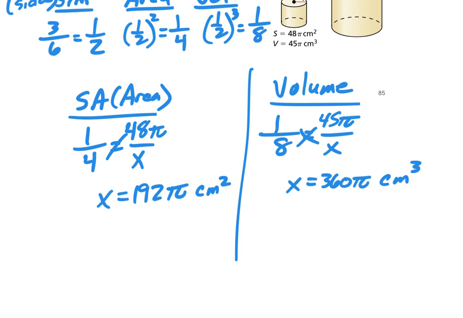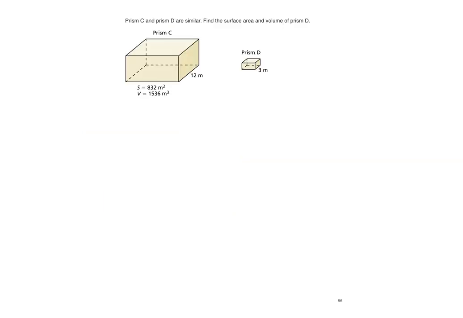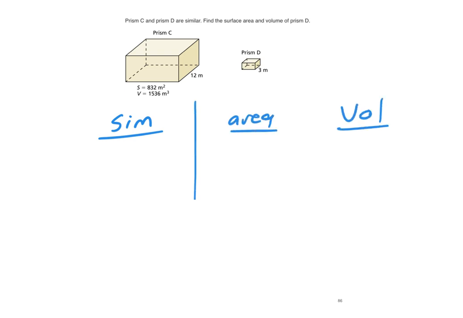Okay, I'm not going to do all of the next one, but if I just do this one more time, anytime you do a problem like this, we're going to do similarity, area, and volume. When I write my similarity ratio, I'm going to compare any two sides, but they have to be the same side on both boxes.